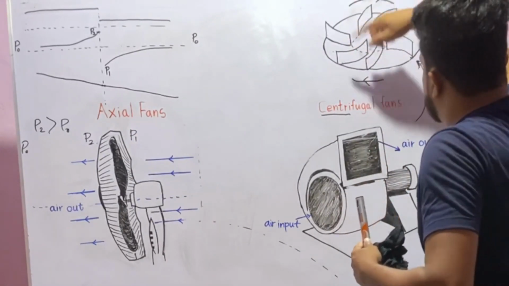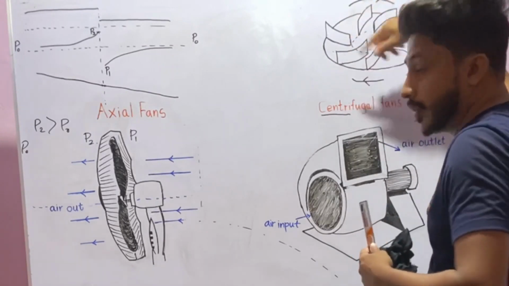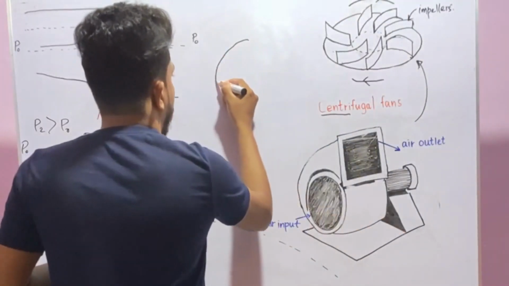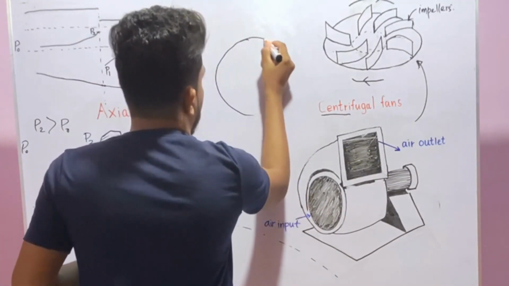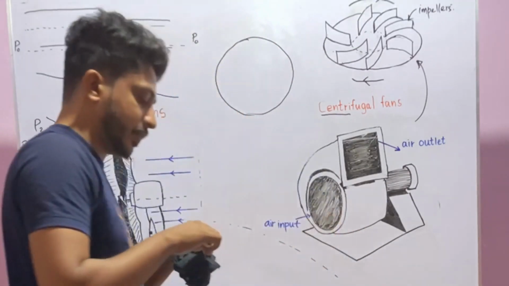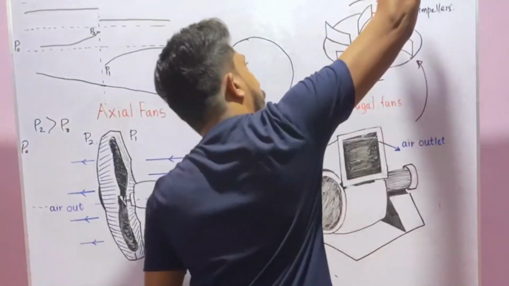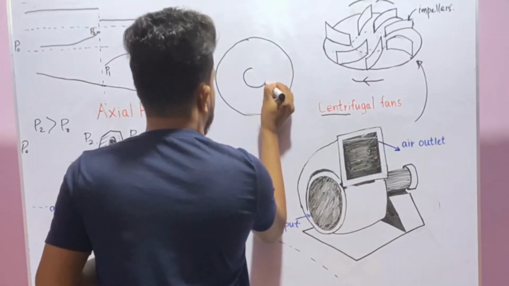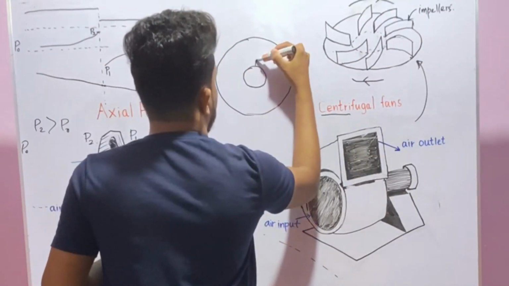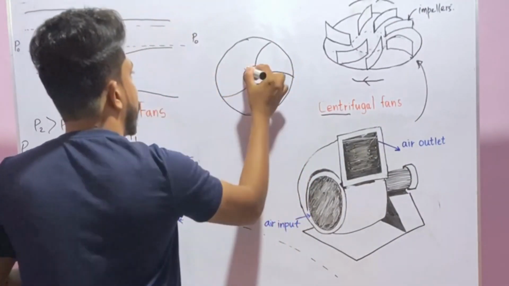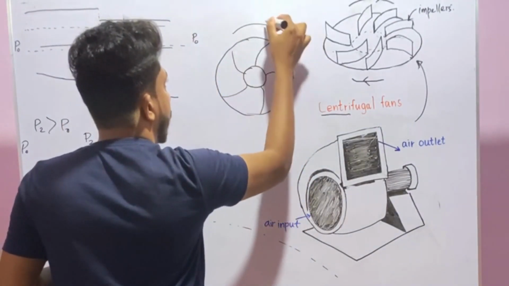Okay, then it is rotating. When they are rotating, what happens is, if I draw another view, if I look at this from here, I can see something like this. And it is rotating in this way.